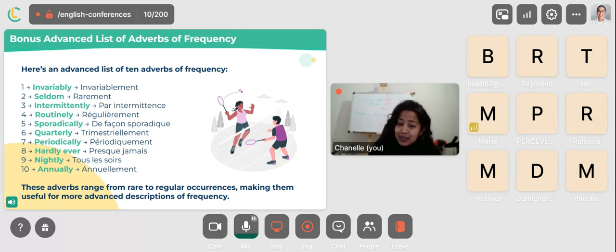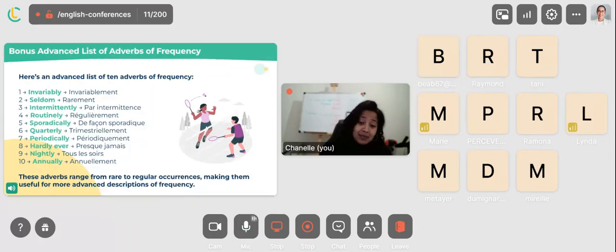Invariably, seldom, intermittently, routinely, sporadically, quarterly, periodically, hardly ever, nightly, and annually. These adverbs range from rare to regular occurrences, making them useful for more advanced descriptions of frequency.